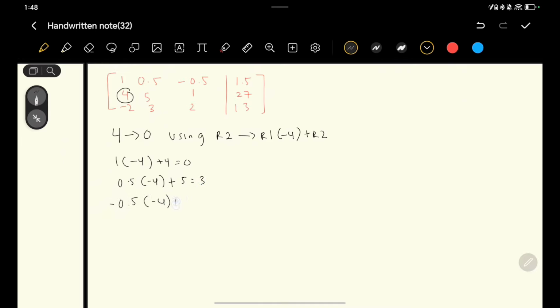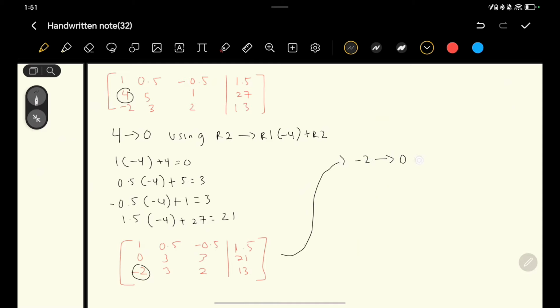Because 4 here is positive. The number that we wanted to change is positive. So we use negative to change it, to make it into 0. Do the same process with the other row 2 numbers. Transfer the new number into the matrix.